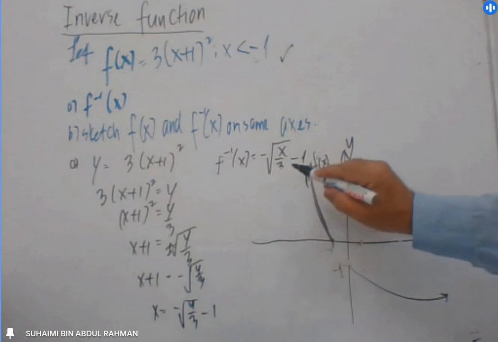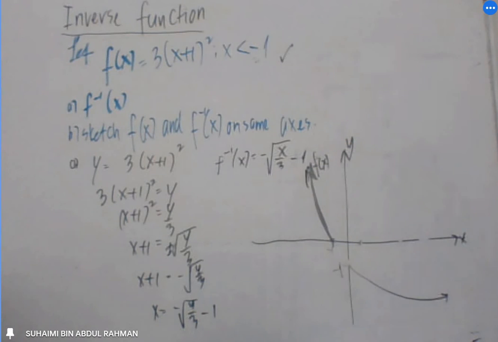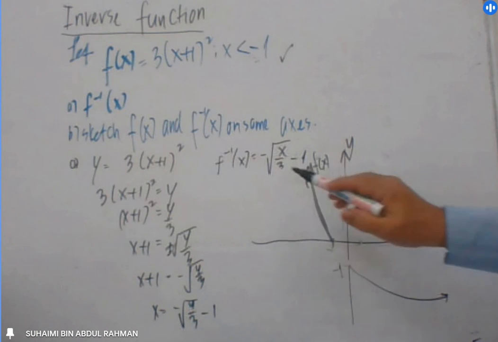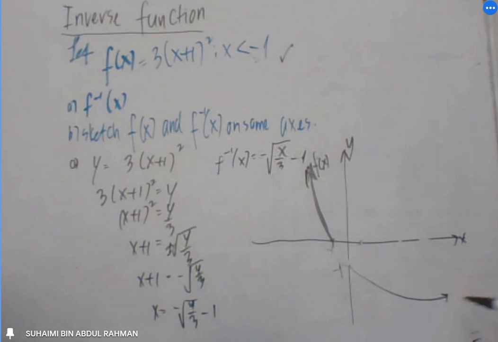Why do we have to go down? Because of this. Why go in this direction? Because of the reflection. This is the graph of f inverse, the shape of the graph for the f inverse.